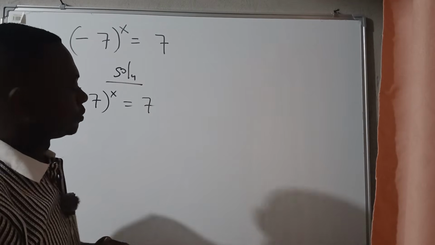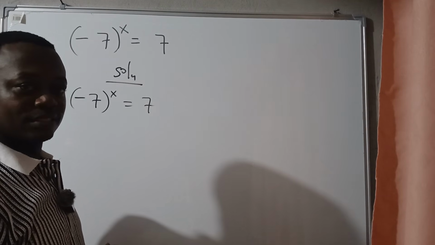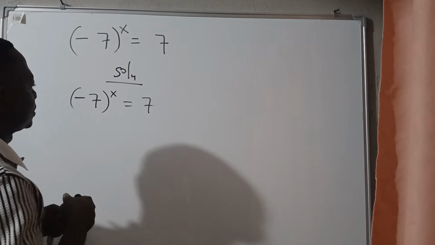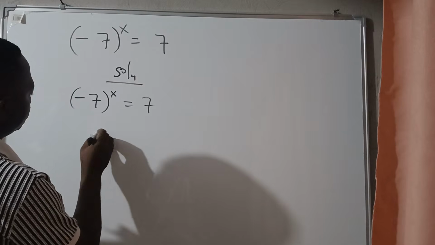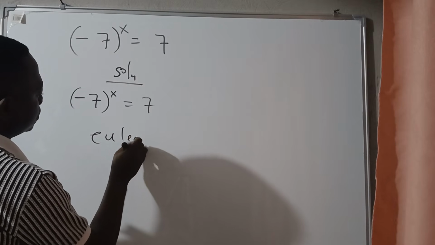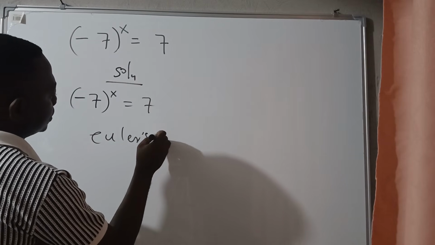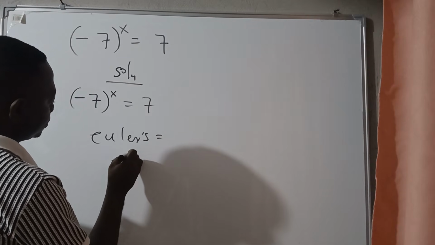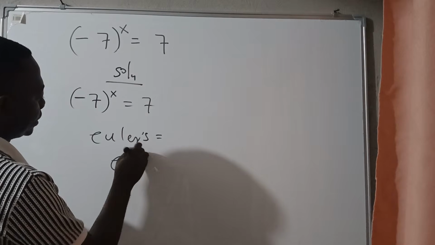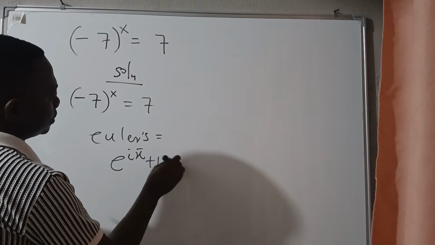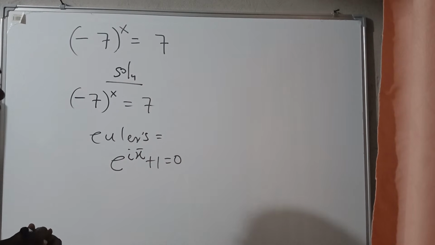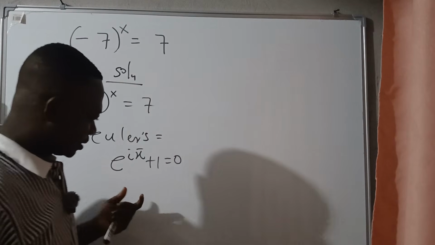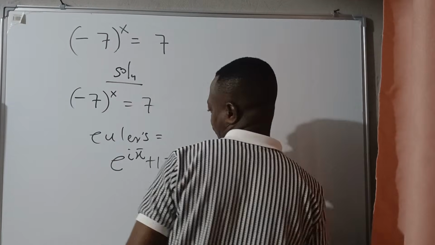Now I would like to introduce an identity called Euler's identity. It says e^(iπ) + 1 = 0. So we would like to go by this identity. This identity is very powerful.